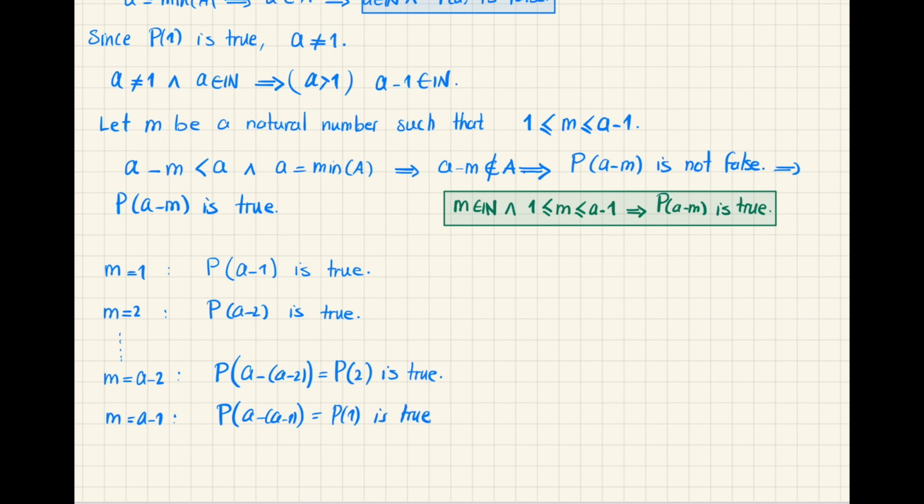So now look what's happening. P of 1, P of 2, up to P of A minus 1 are all true.